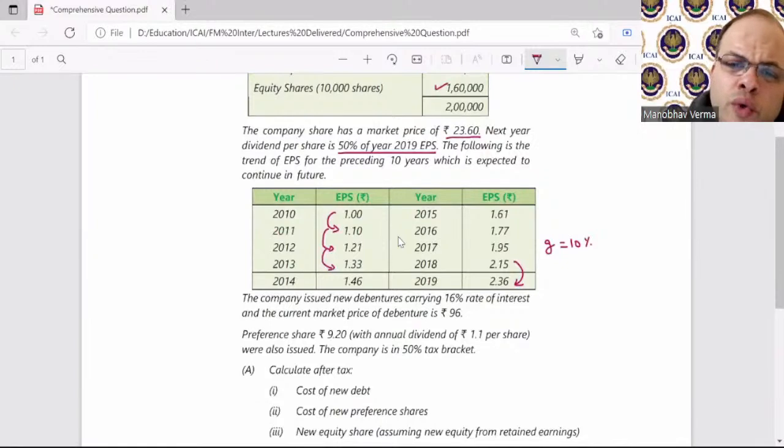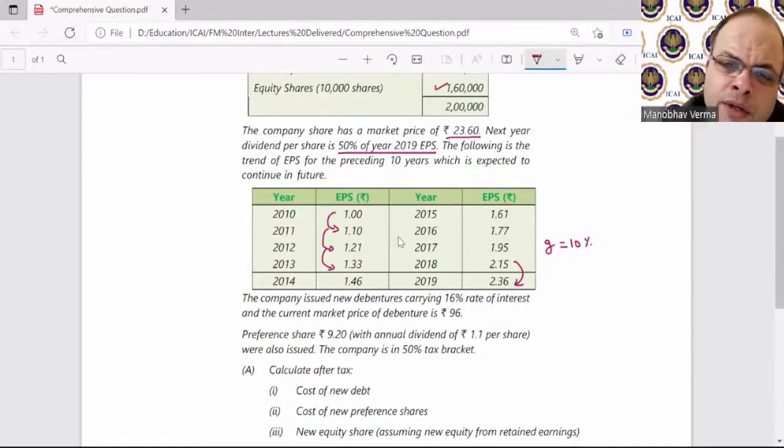Company issued new debentures carrying 16% of interest. And the current market price of debenture is 96. Okay, great. Preference share 9.2 with an annual dividend of 1.1 per share.